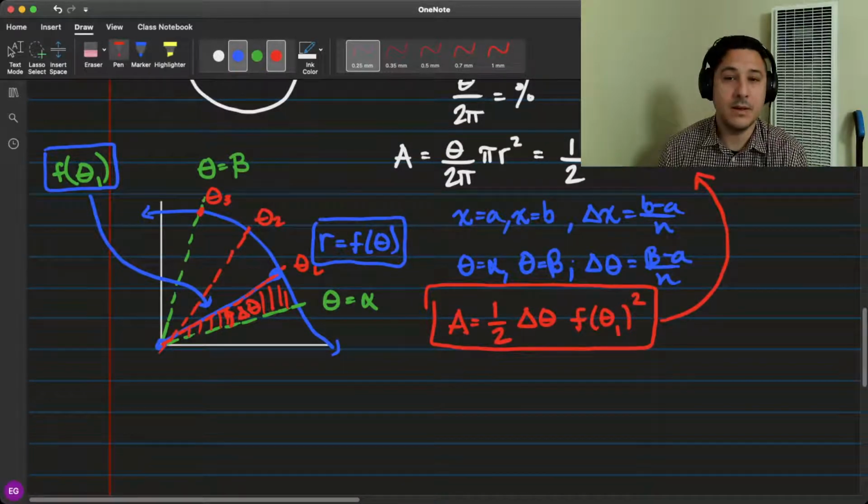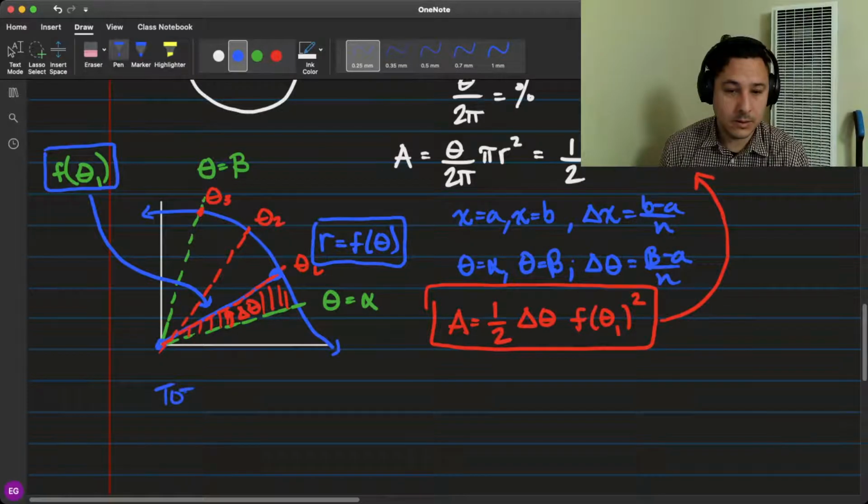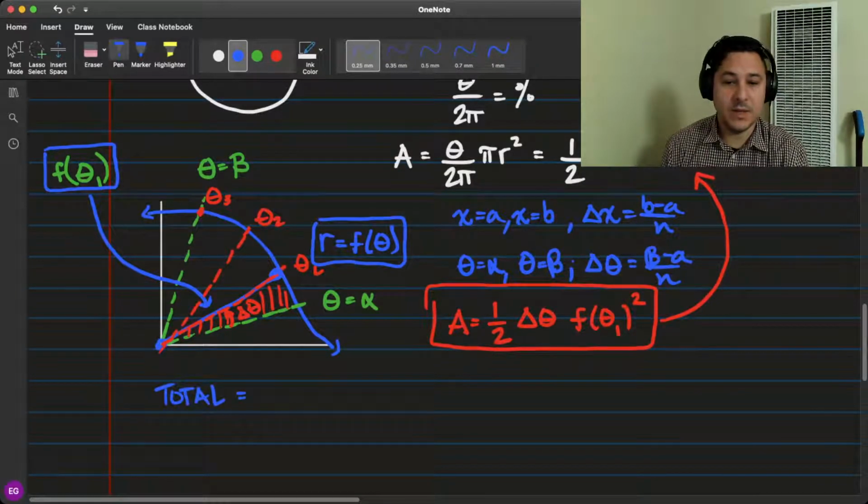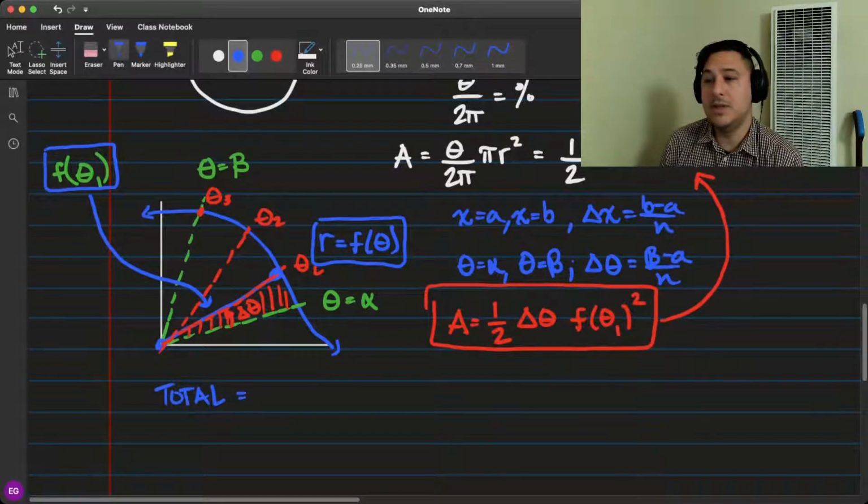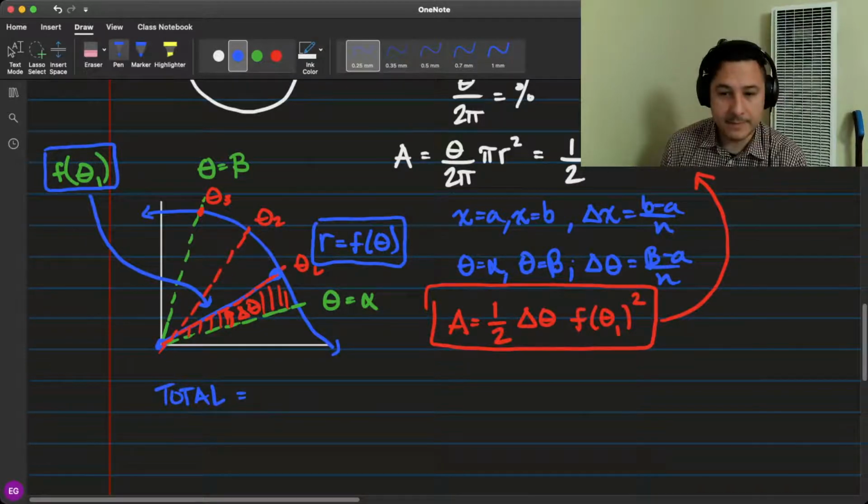Now, if you want to find the total area between theta equals alpha and theta equals beta, what do you simply need to do? If you know the areas of each of those individual sectors, you would call this A1, because that was the one for delta 1.